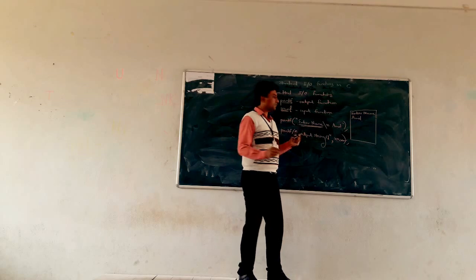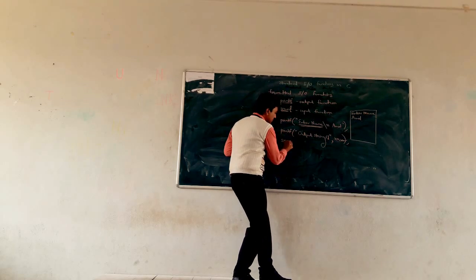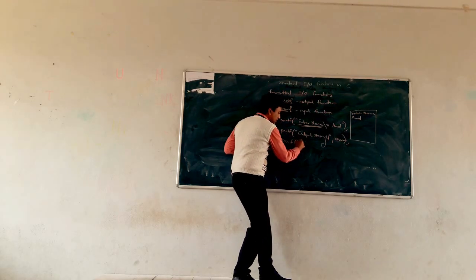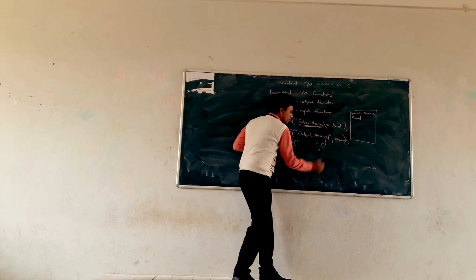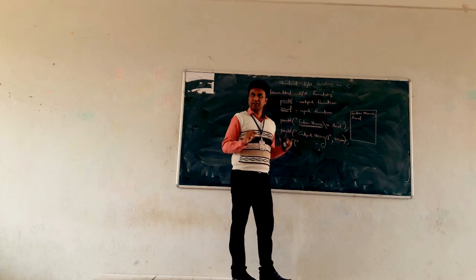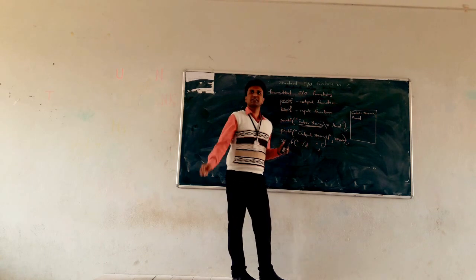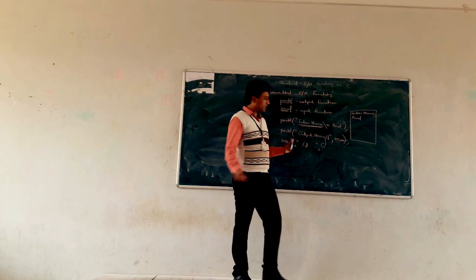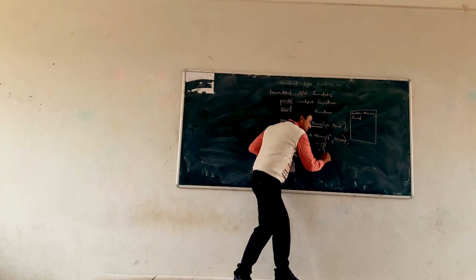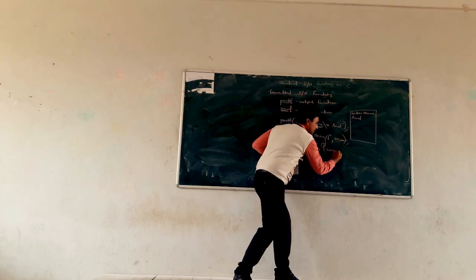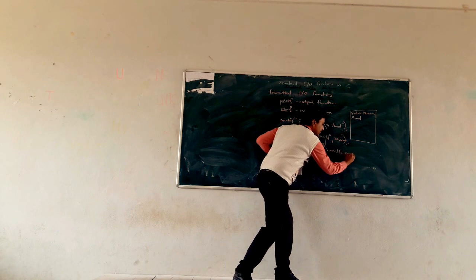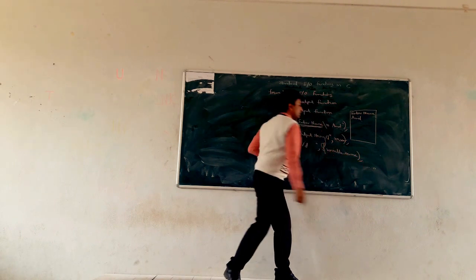Clear? Next is the syntax for the scanf function. Scanf, then in the double quotes, whatever may be the formatting type, there are different formatting types; %d for decimal number, that is integer. Then comma and ampersand of variable name.